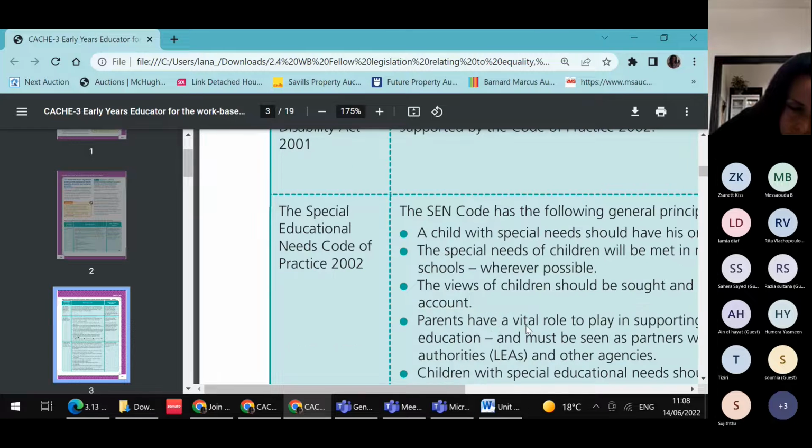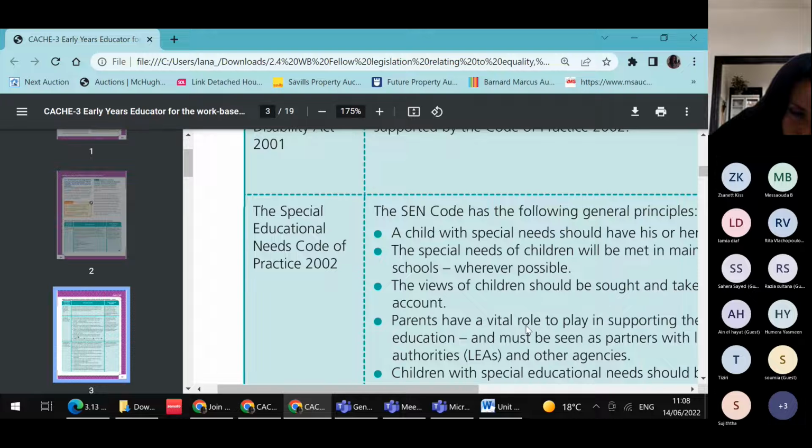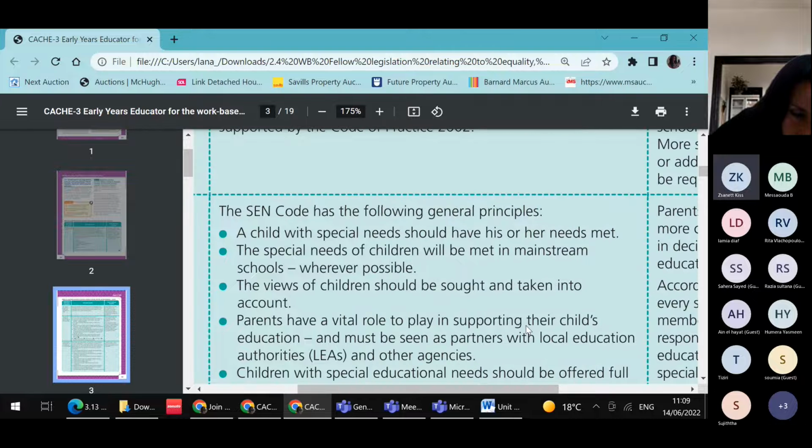Also, we have another legislation, which is the Special Educational Needs Code of Practice 2002. The Code has the following principles. First of all, a child with special needs should have his or her own needs met.